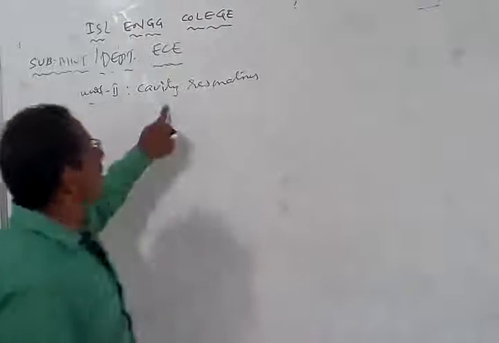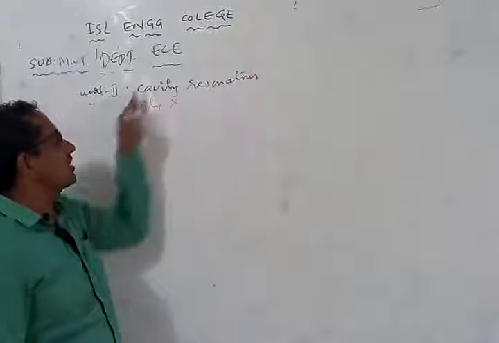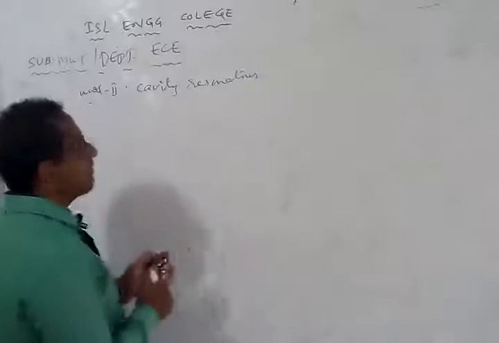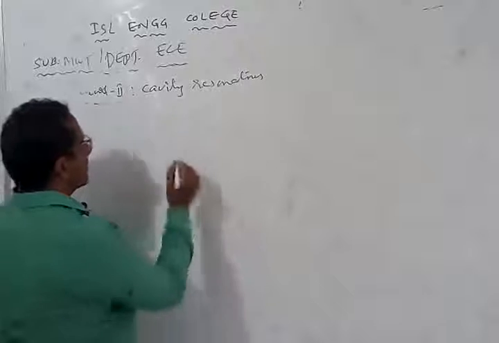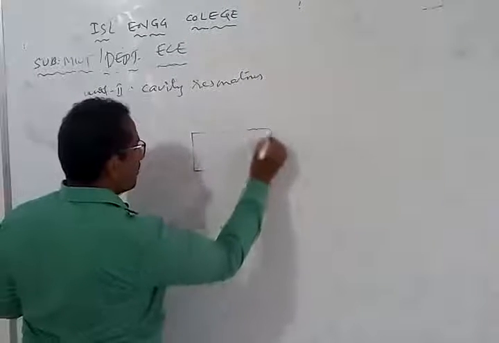So if you want to generate oscillations from the waveguide, we construct it like a cavity resonator circuit. Now let us look into this cavity resonator circuit. How do we construct this? Say, for example, this is a waveguide that you are going to have.